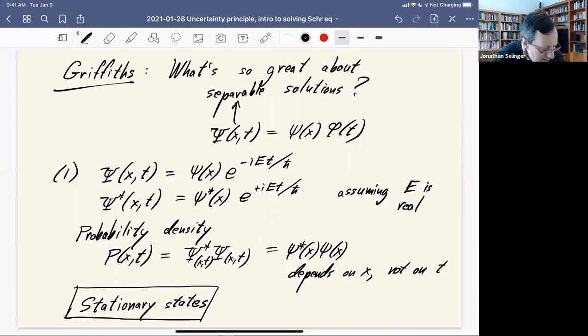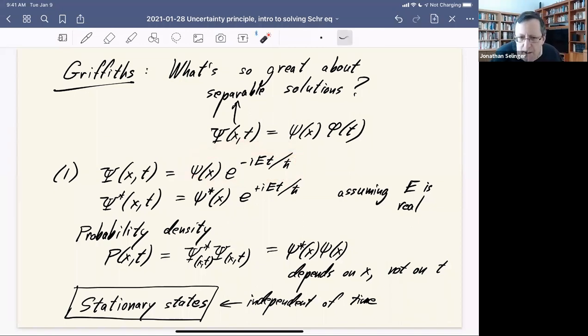Well, it's not that the wave function is independent of time. The wave function depends on time in just this way that we figured out, meaning that the real and imaginary parts are changing in time, but the magnitude doesn't change in time.